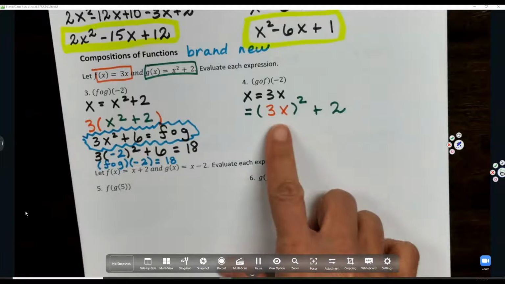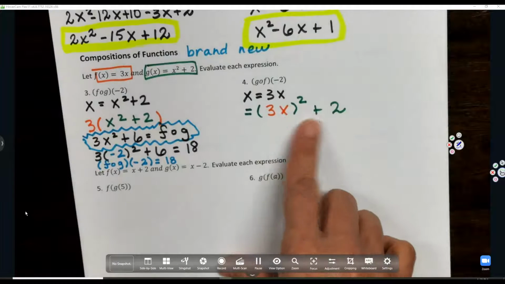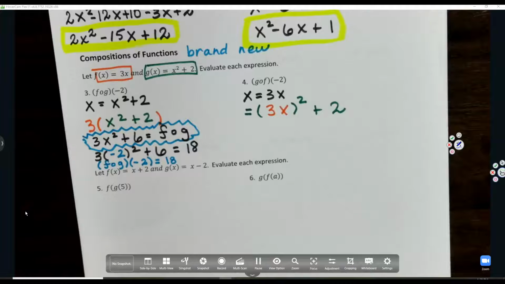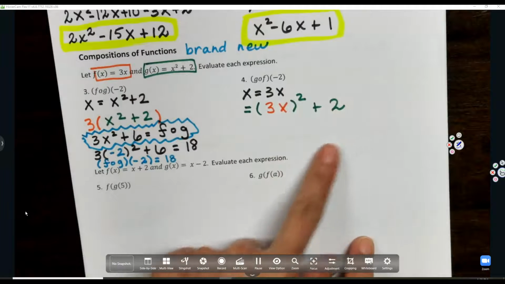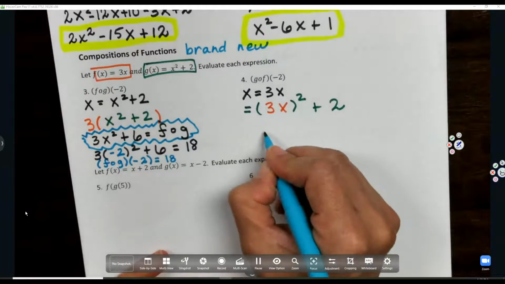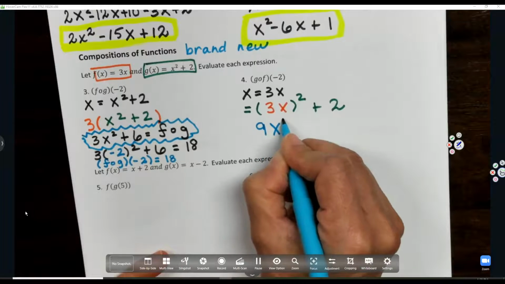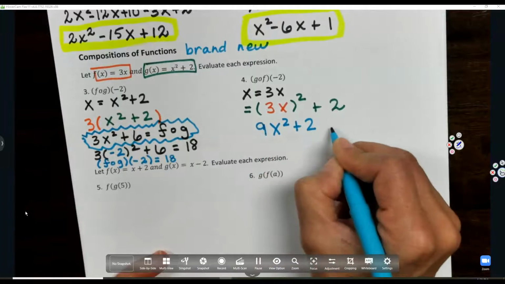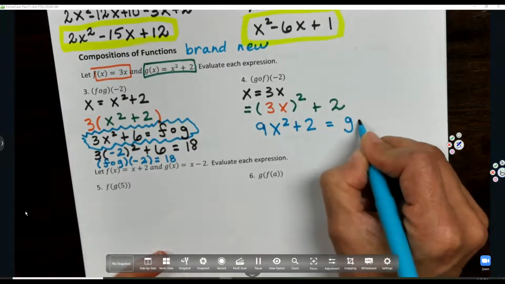And then we're going to multiply this out. Do y'all know what 3x times 3x is? What's 3 times 3? 9. 9, and then x times x is x squared. So this, our brand new composition function, is going to be 9x squared plus 2. That is g of x.